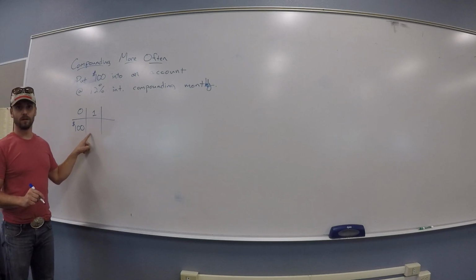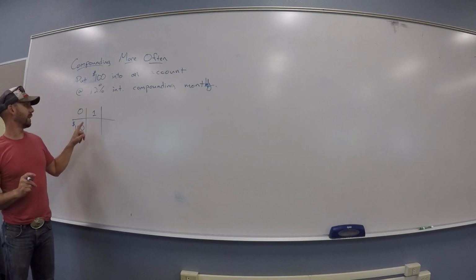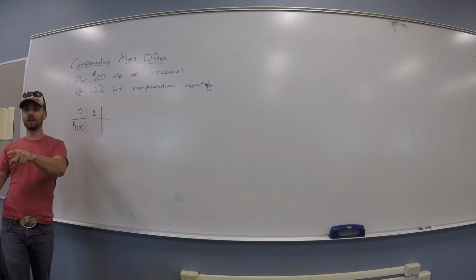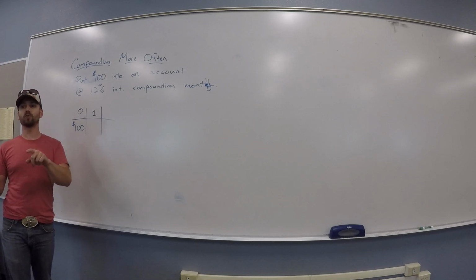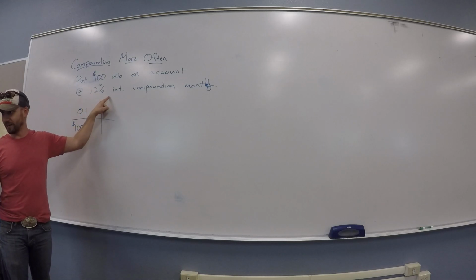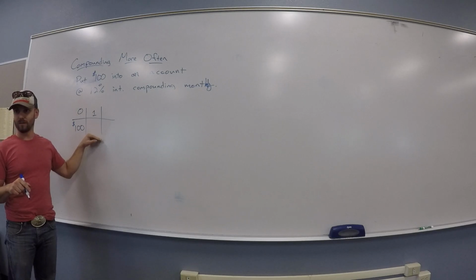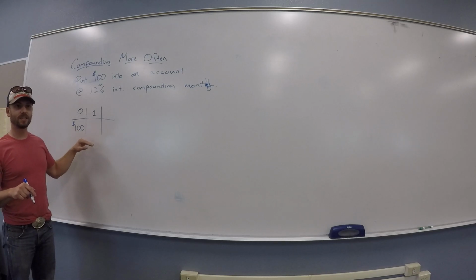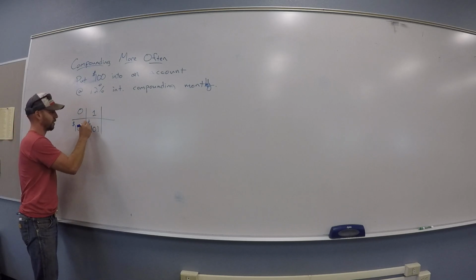One month. You're thinking 12% means I should compound 12% in that one month, but that's 12% counted yearly. So 12% divided by how much of a year has gone by? A 12th of a year. So 1% gets compounded in that first period, and you are going to have $101.